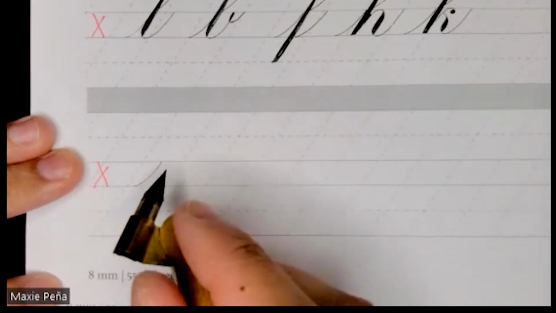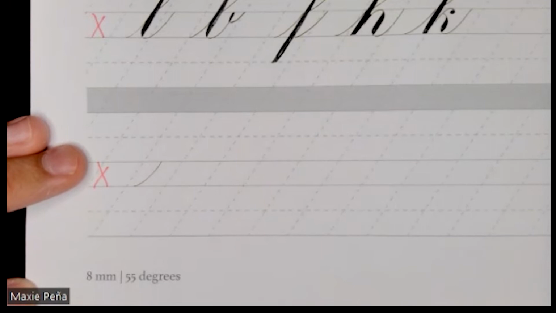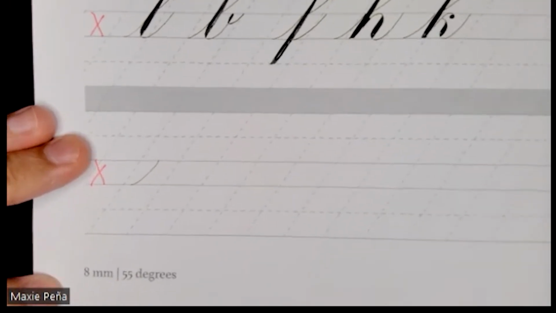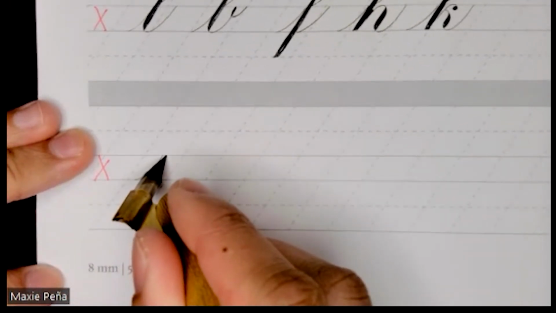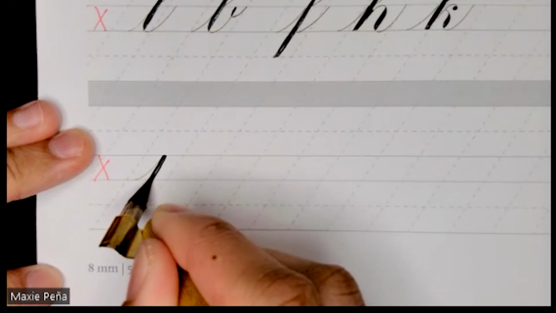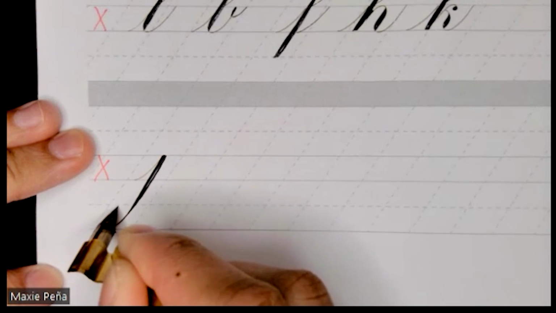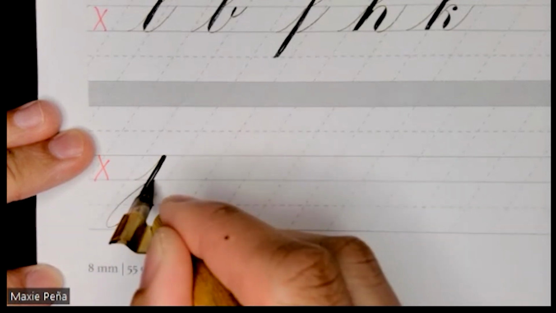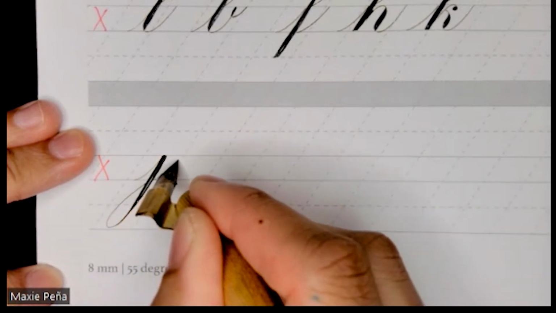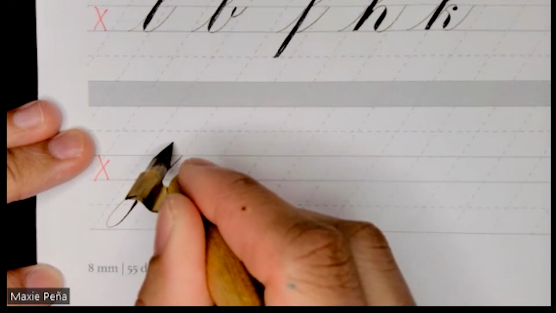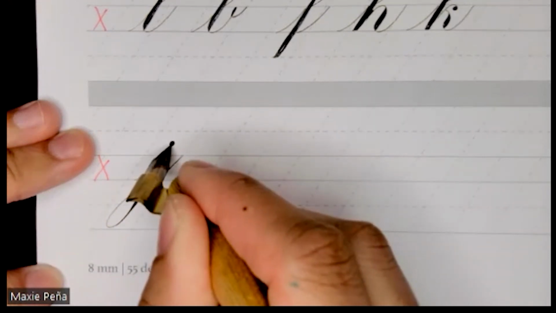So before doing your lower loop, look at your upper loops and see where you transitioned your shades, and try to replicate it. Okay, I didn't go all the way down. I should have. And then your dot, same as your i.